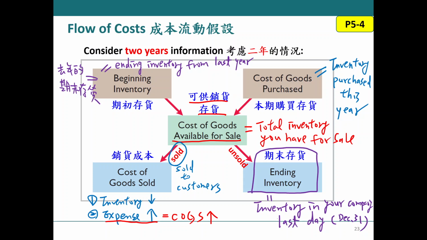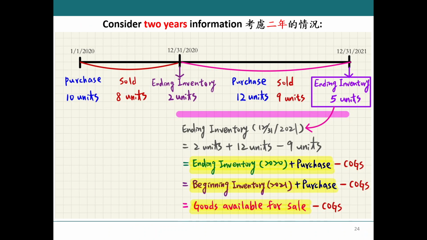For example, last year is 2020. Maybe last year you had 10 units, but you sold 8, right? So after the whole year, you still have 2 units unsold. These 2 units unsold on the last day, we call it ending inventory.